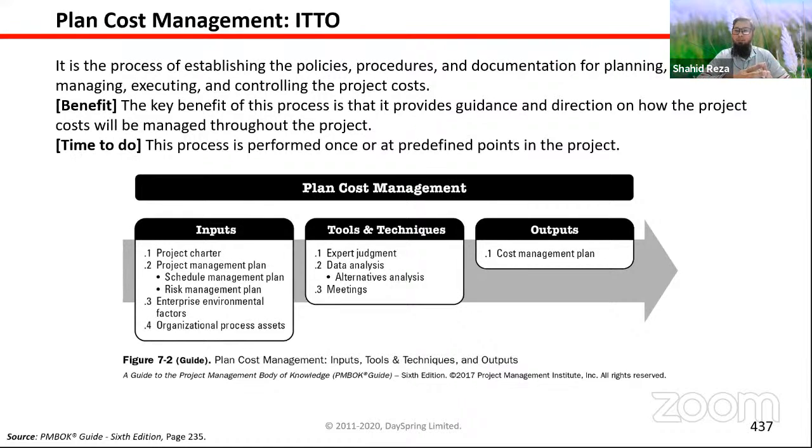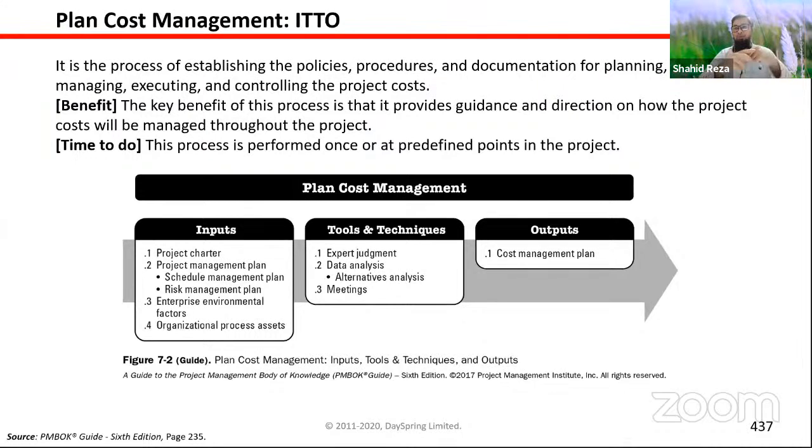And cost is very sensitive. That's why management wants reports regularly, frequently. So what will be the reporting format? How much money you have to spend? What was the plan and how much you spent? And how much management achieved by spending this much money.